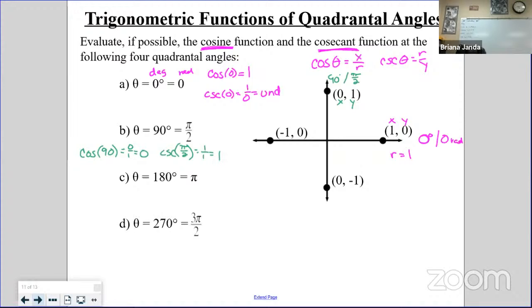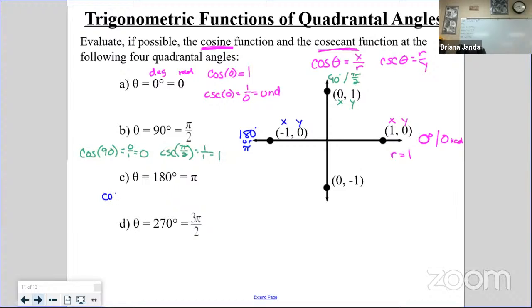All right, so again, correctly identifying the right point to use based off of the angle listed, 180 and pi, we're both indicating that we should be looking at this negative x-axis, which means my x value is -1, my y value is 0, r will be 1 the entire time.